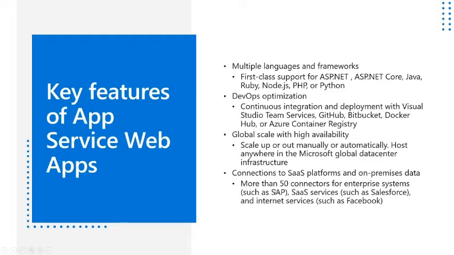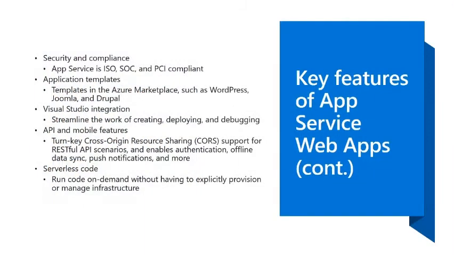You can connect to more than 50 connectors for your enterprise, be it SAP or SAP HANA, anything, SaaS services, Salesforce, and other internet services such as Facebook, Google, anything. So it provides you a lot of possibilities.